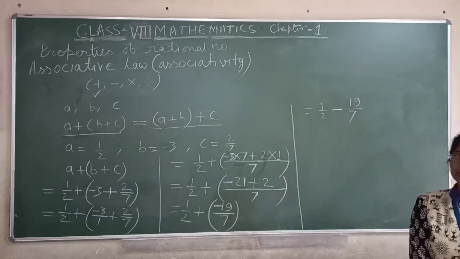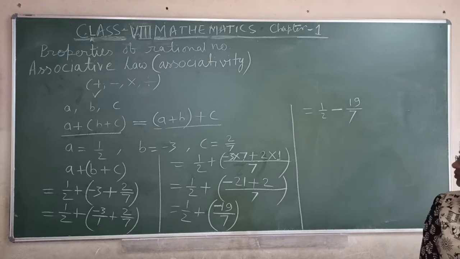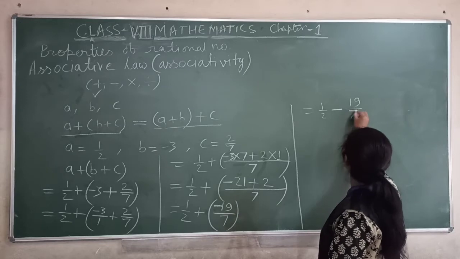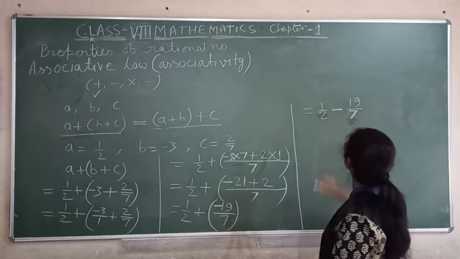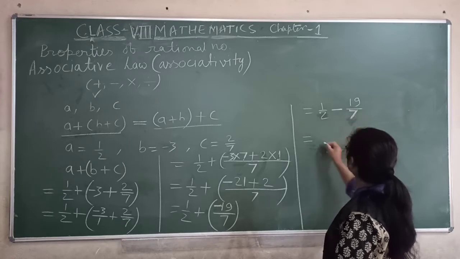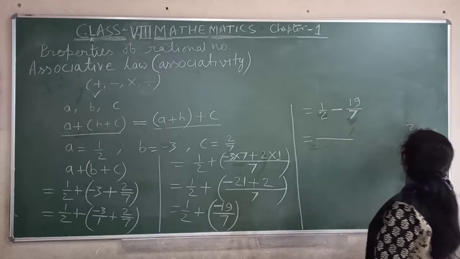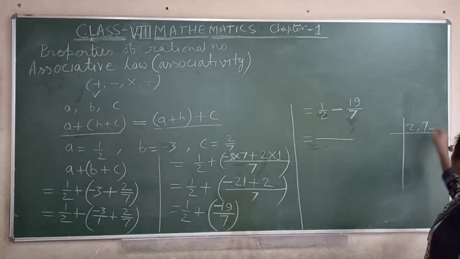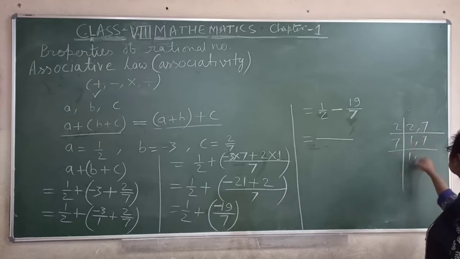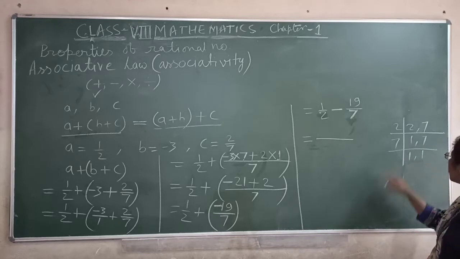Again we have to calculate this one. This is 7 and here you have 2. So we will take the LCM of 2 and 7. One method: 2 and 7, then 7, continue until you get 1.